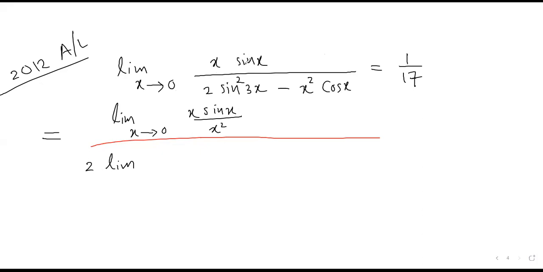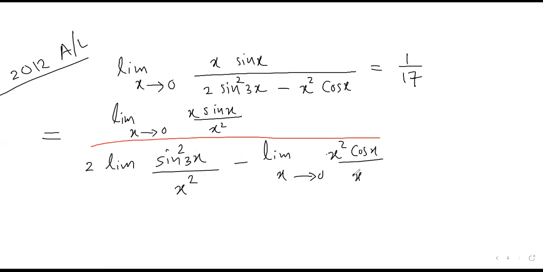Now first you have to divide both the numerator and denominator by x squared, because you have to create sin x over x in the numerator. That's the reason why we divide by x squared. Right? Then here you take 2, then sin squared 3x over x squared minus x squared cos x over x squared, like this.